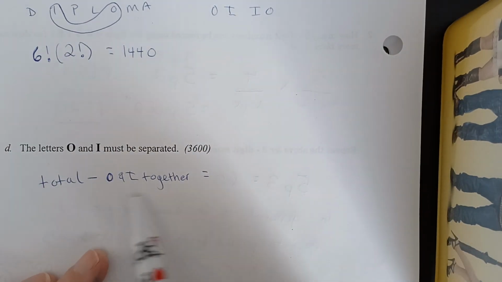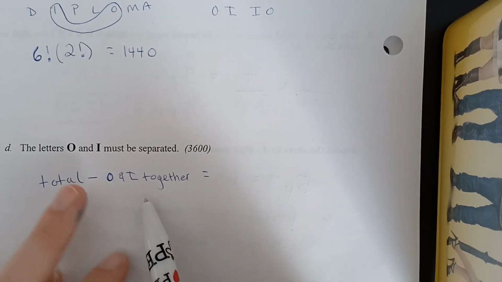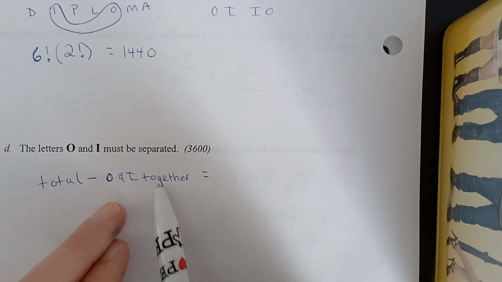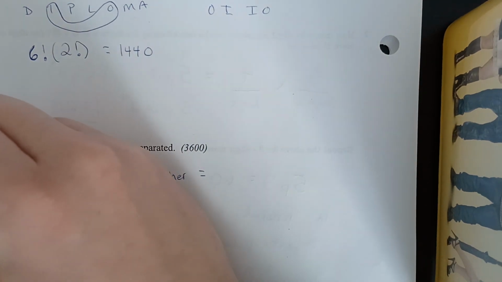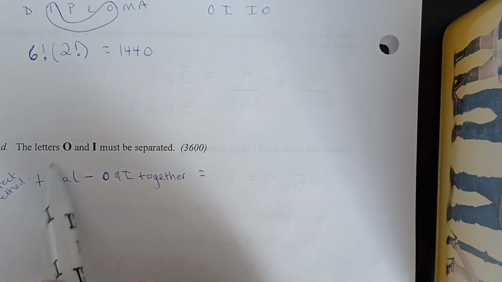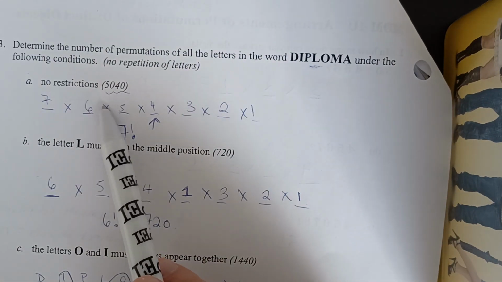This is easy. It's called an indirect method because we're not just calculating this, we're trying to calculate it from subtracting what we don't want from the total. That's called an indirect method. But it's easy because we already calculated these two things, right? We had the total up here was 7 factorial or 5040.